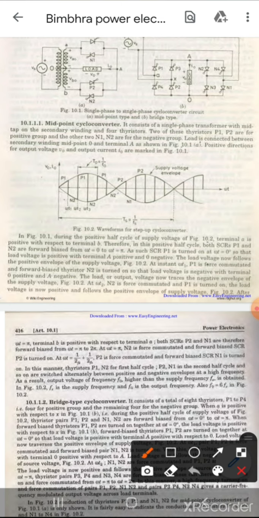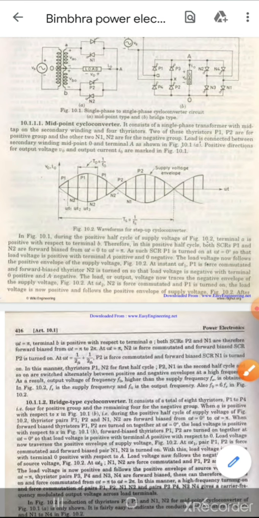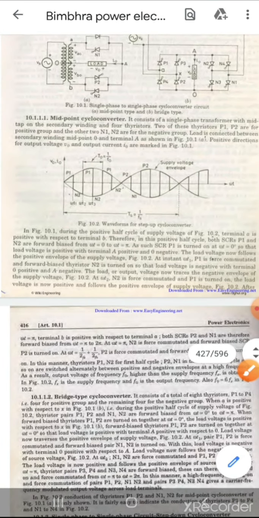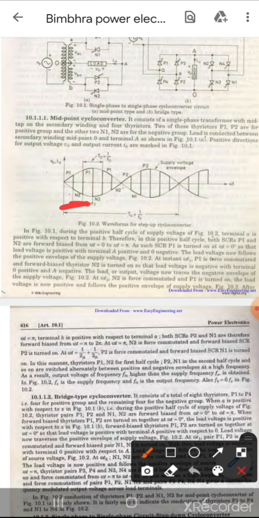When P1 is force commutated, that means P1 is off, current will flow in this direction, O positive and A negative. This is the output through N2.